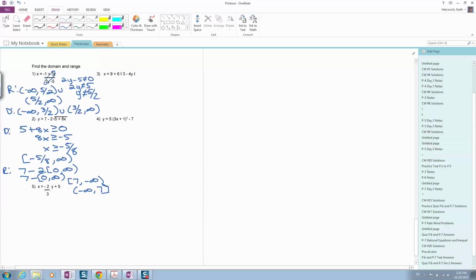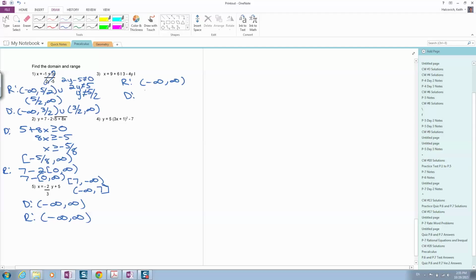Now number 5, this is a line. So the domain and range are both going to be negative infinity to infinity. Number 3 here, we have x equals, so that means the range is going to be all real numbers, because normally if it was y equals, the domain would be all real numbers, with an absolute value.